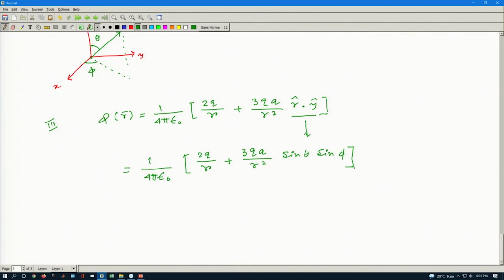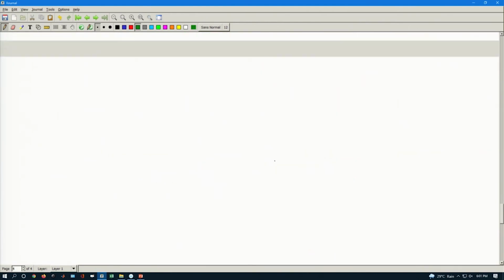The next problem that I would like to do quickly is this. Problem 2, another important problem.